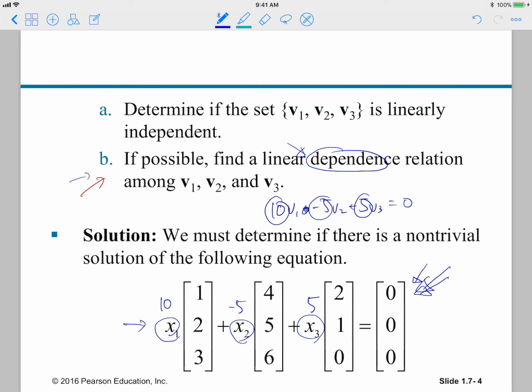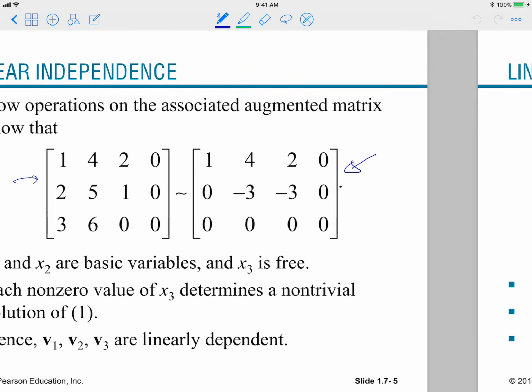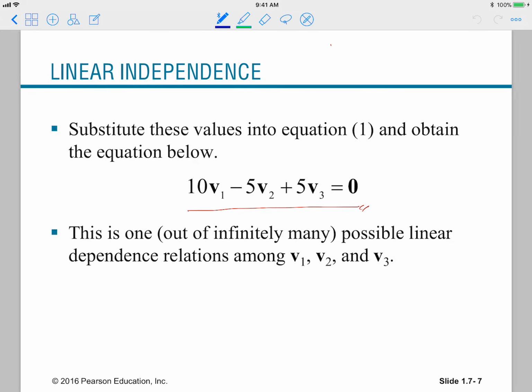So I just plug that in, and then you can just verify by multiplying these, and then see if they are equal to 0 for the first element and the second element, and so on, right? Okay.